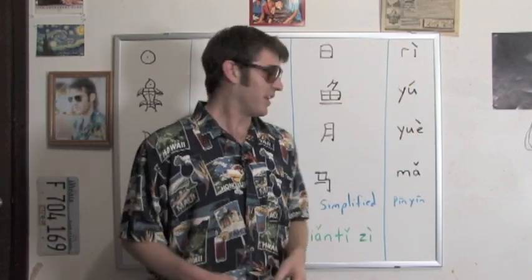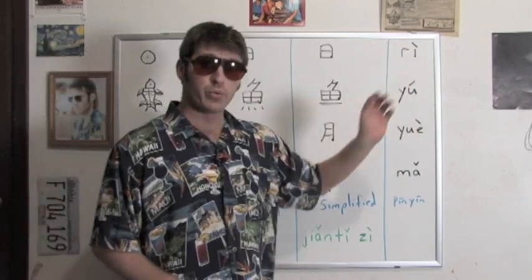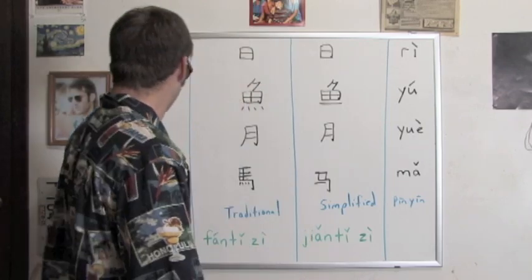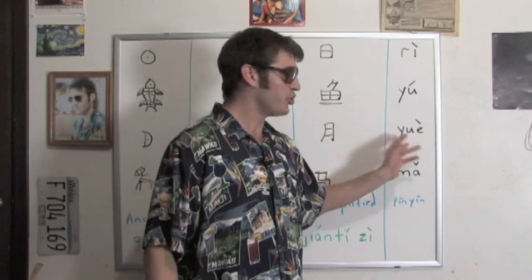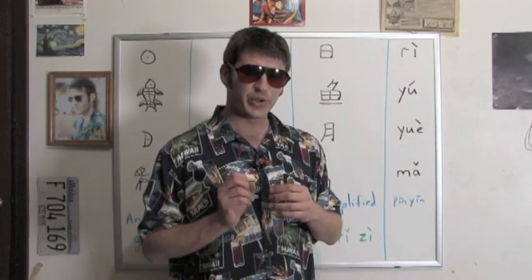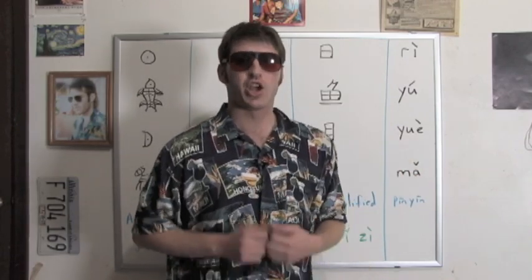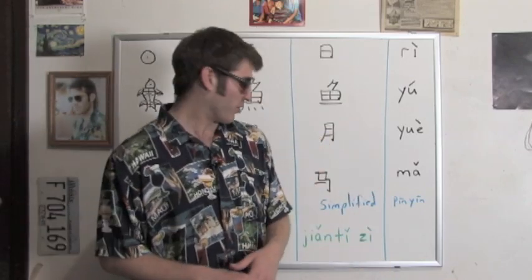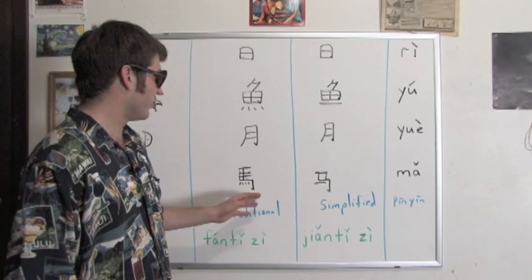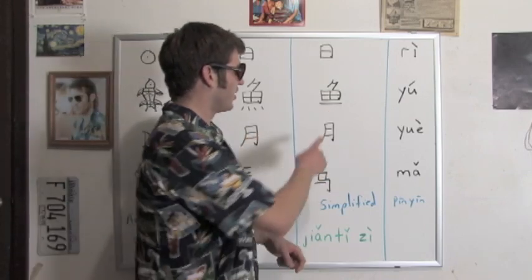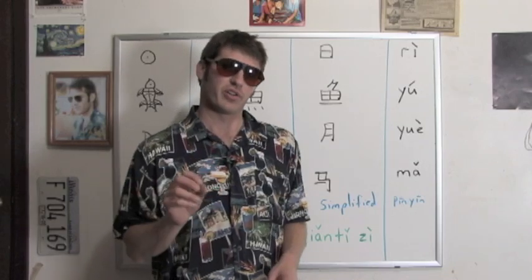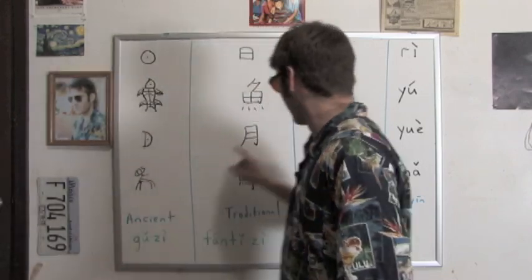Zhi meaning sun. Yu, second tone means fish, yu. And then moon, that's yue. Moon. Same word because again, not too many strokes. Now here with horse, you can see, and with fish, you can see that just a line replaces the 4 little, they're called dians, the little dots here.